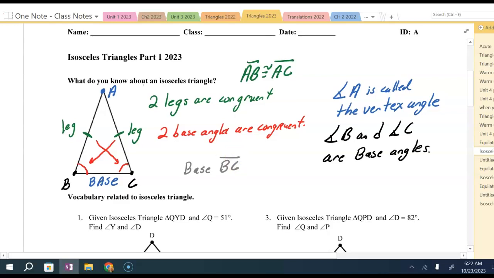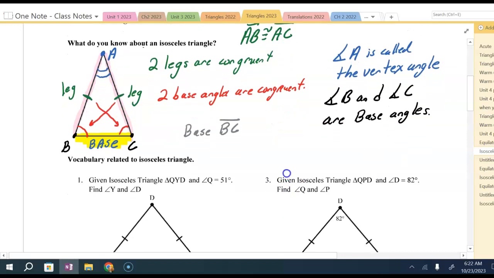So on the screen, just to summarize, we have two legs that I'm highlighting in pink. We have the base, which is the non-congruent side. Then we have two base angles that I marked in red, and then we have a vertex angle up at the top that I just marked in blue.